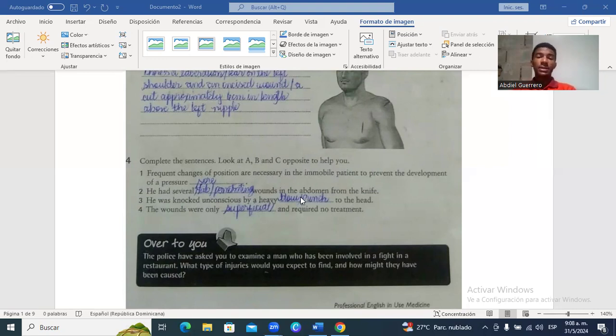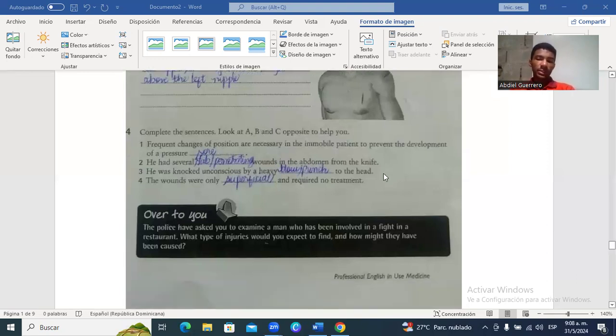He had several stab wounds in the abdomen from the knife. He was knocked unconscious by a heavy punch to the head. The wounds were only superficial and required no treatment.